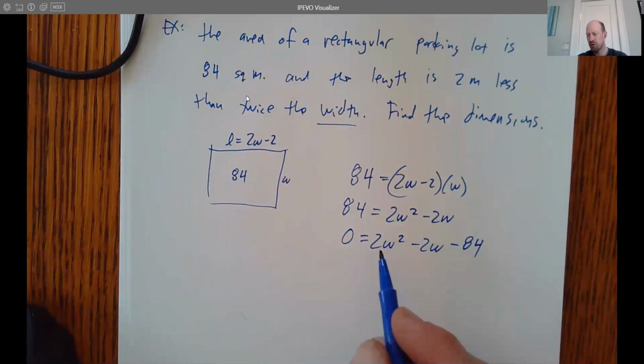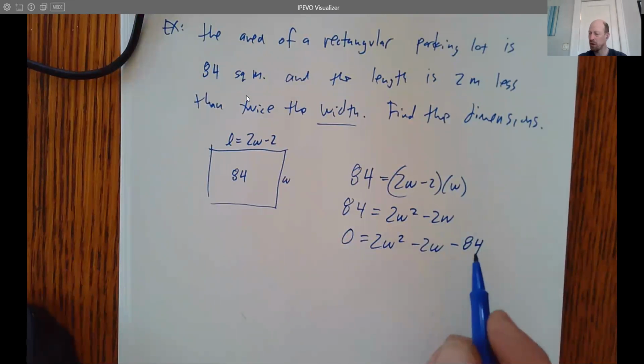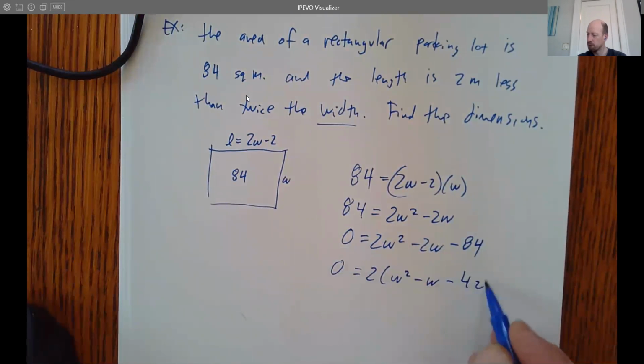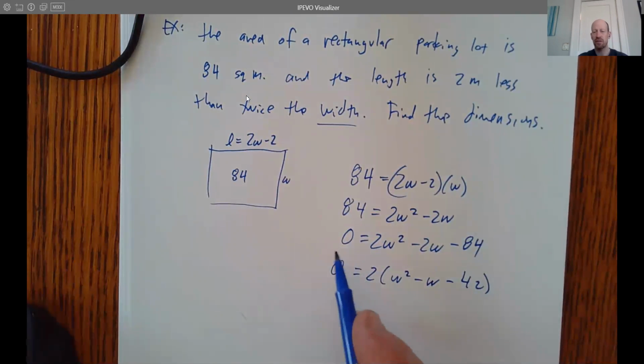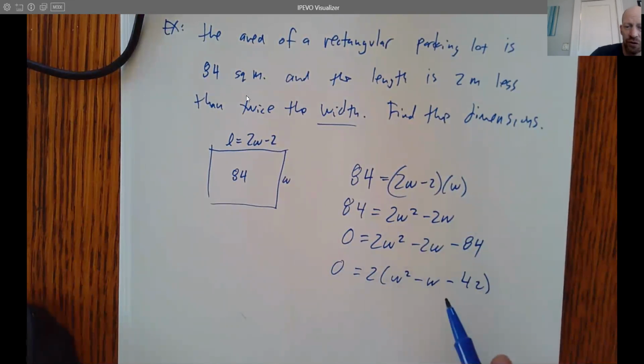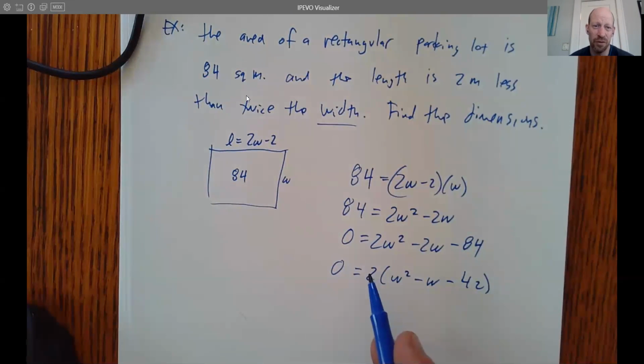And here you can either approach this by noticing there's a GCF of 2 and factoring that 2 out, or you could also think about dividing both sides of the equation by 2. That would also eliminate that 2. Either way, that 2 is not going to generate any solutions. So I don't need to worry about it in terms of my solutions. I need to factor this other part.